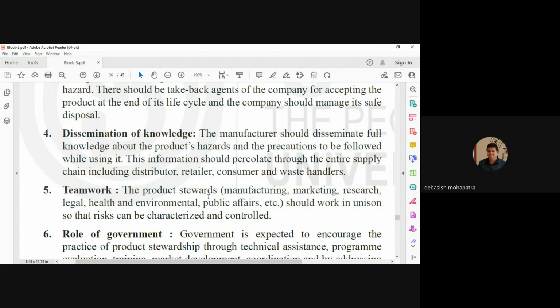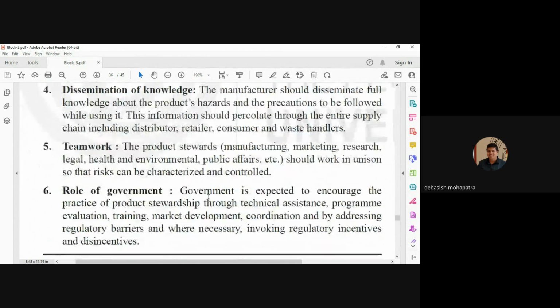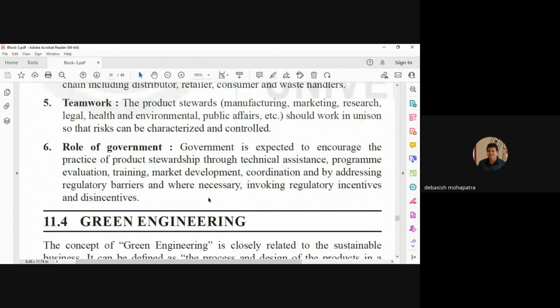Dissemination of knowledge. The manufacturer should disseminate full knowledge about the product hazards and precautions to be followed while using it. This information should circulate through the entire supply chain, including distributors, retailers, consumers, and waste handlers. Teamwork. In product stewardship, manufacturing, marketing, research, legal, health and environmental, public affairs, etc. should work in unison so that risks can be characterized and controlled.